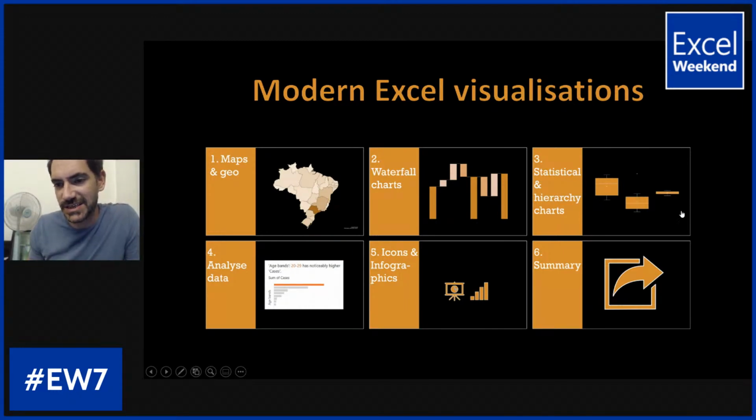We're going to look at statistical charts, like this box and whisker chart, which I think is the most useful. Then we're going to look at Excel's new AI tool, called Analyze Data, which puts things in charts for you. Some things about icons and even using infographics in Excel, a little bit of a fun hack there, and then we'll summarize what we've talked about.